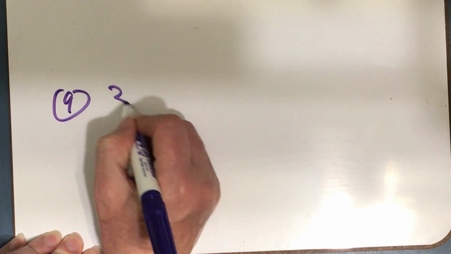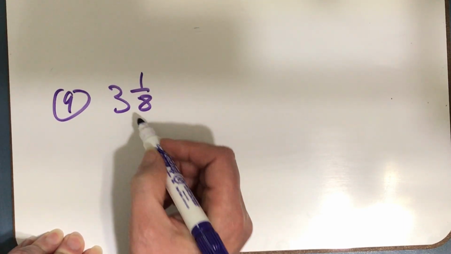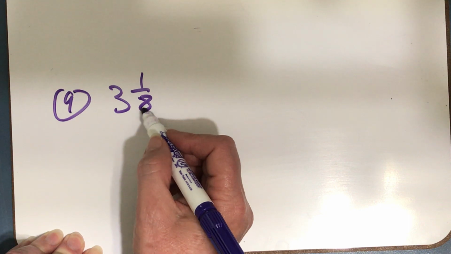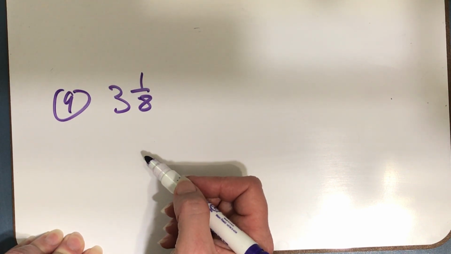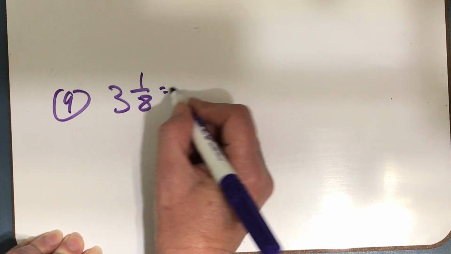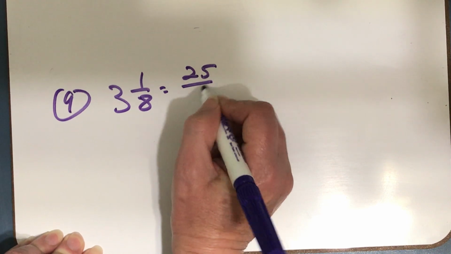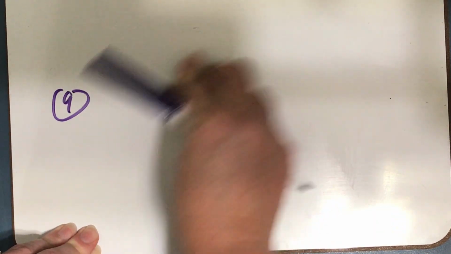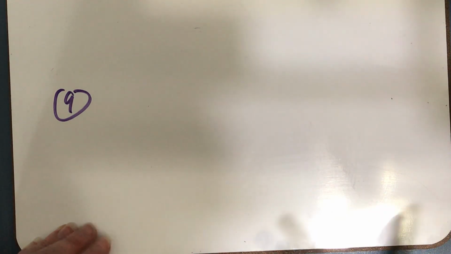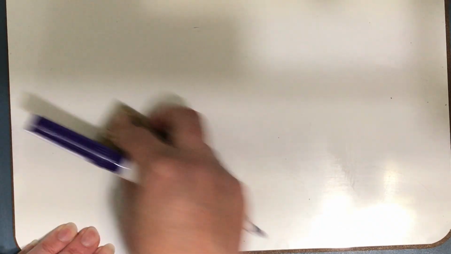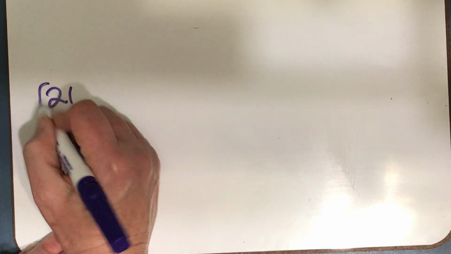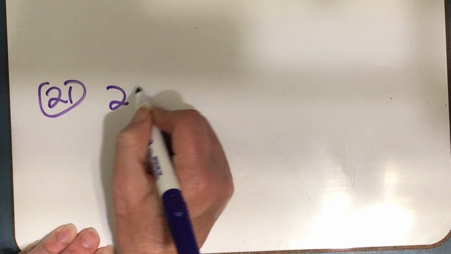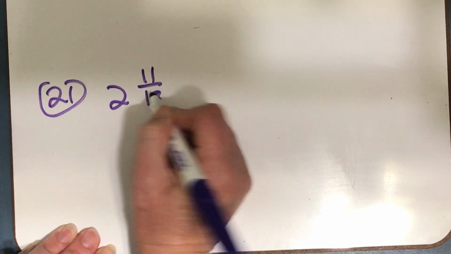So number 9 says 3 1/8. So whole number times denominator. 3 times 8 is 24. Plus 1 equals 25. 25/8. Okay. And let's do number 21. 21 says 2 11/18.